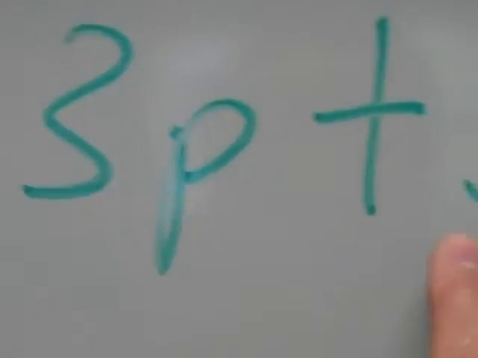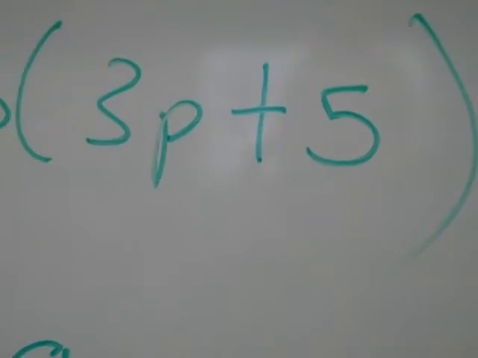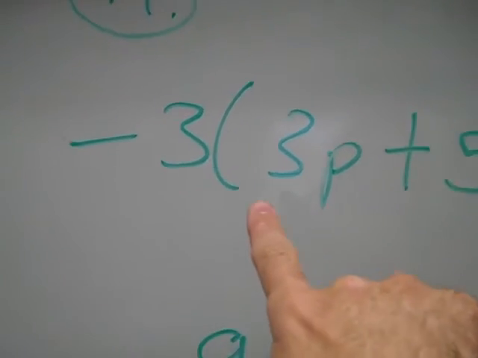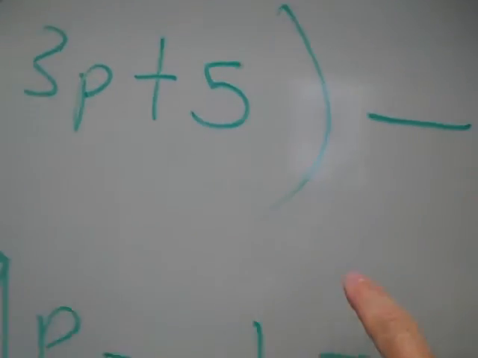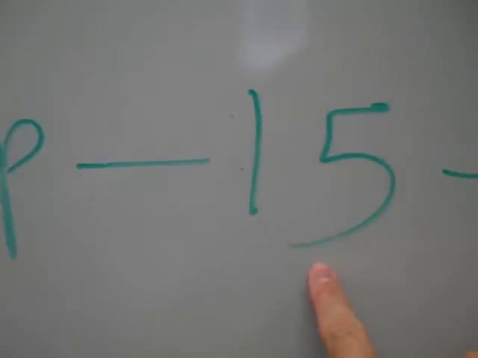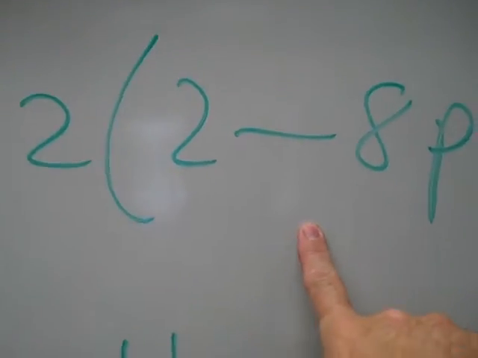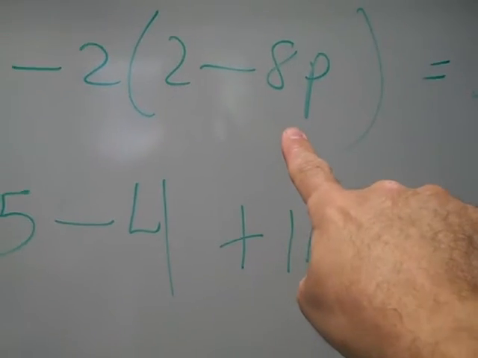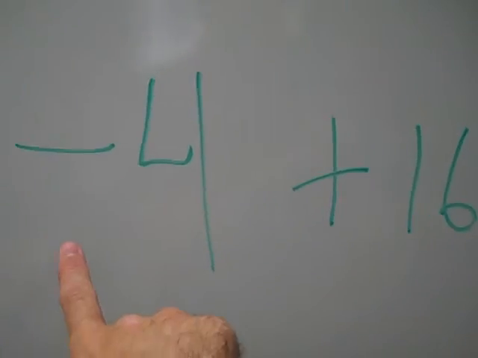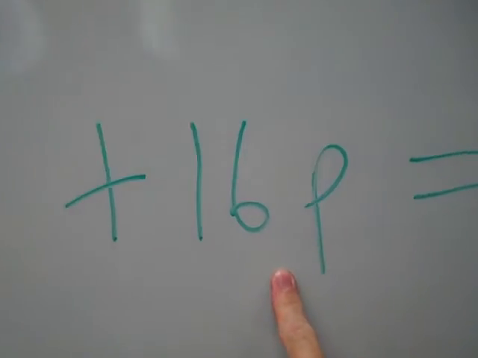So just to recap, I distribute negative 3 across these two terms, here and here. Let me zoom out just a little bit. So distribute negative 3 across these two terms, and then I wind up getting these two terms on account of it. Distribute negative 2 across these two terms, and I wind up getting these two terms, negative 4 plus 16p.